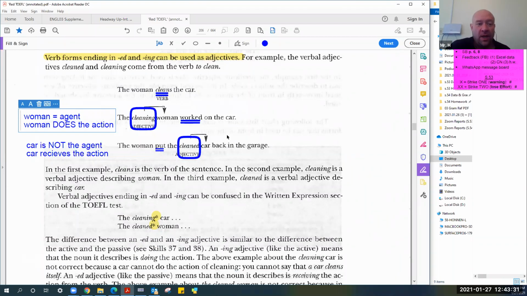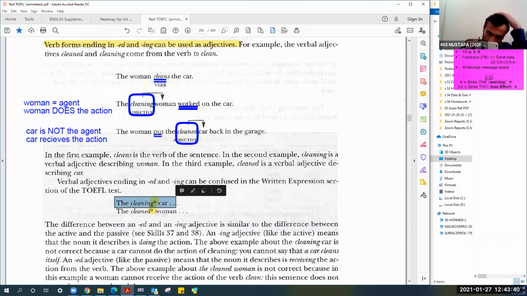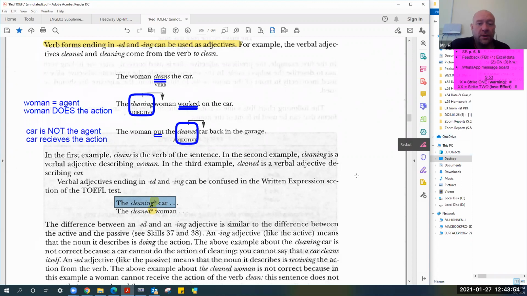Okay. Now, let's see. Hermes. We've got two examples down here. Read this. The cleaning car. What's the problem with the cleaning car? Why is it a special case?